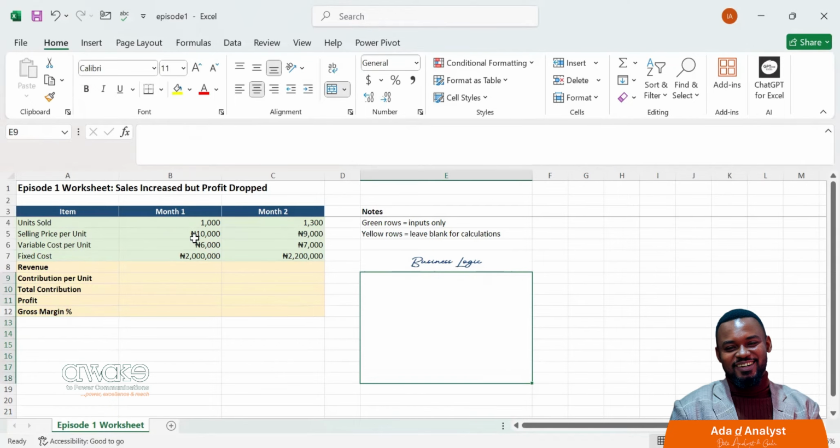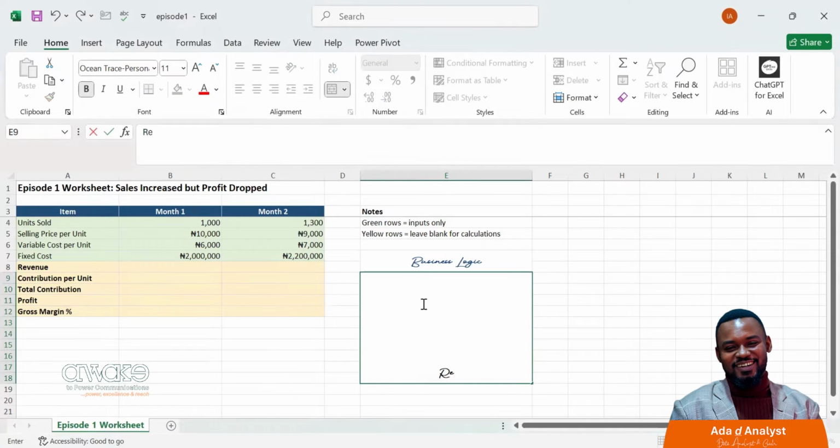Okay, so now we have the values for both month 1 and month 2. The values include the units sold, the selling price per unit, the variable cost per unit, and the fixed cost for each month. So these are direct inputs, right? Let us go ahead and calculate our revenue now.